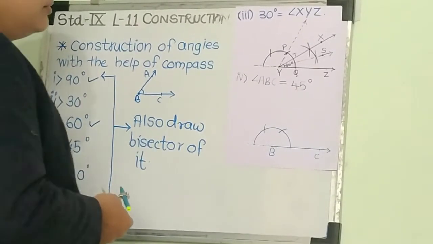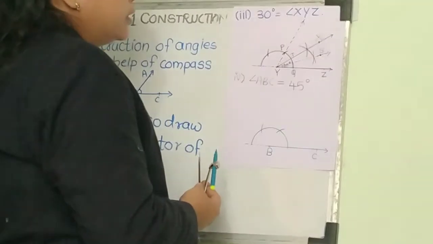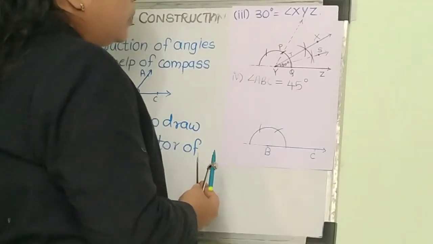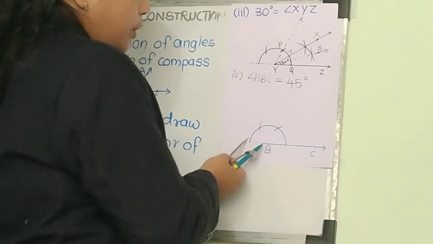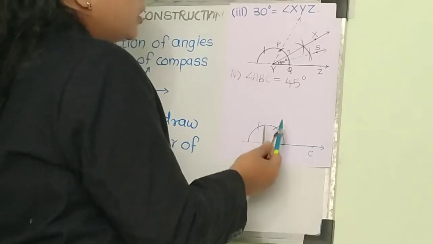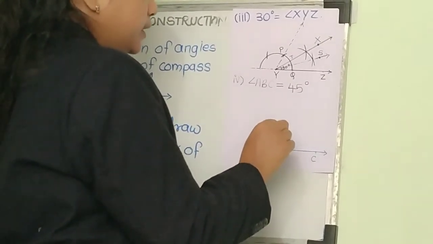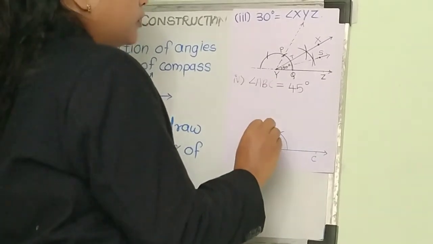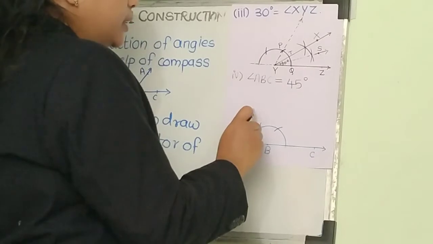So first we have to draw the 90-degree angle, and for the 90-degree angle we already learned how to draw. So first we draw the semicircle with some fixed length. Then with that same fixed length we are going to mark the arc. First arc it is of 60 degree, second arc it is of 120 degree.